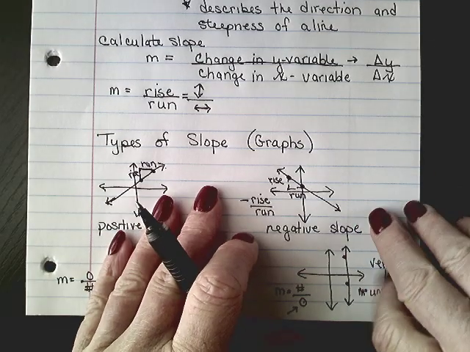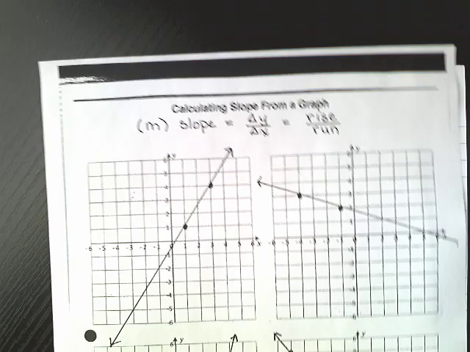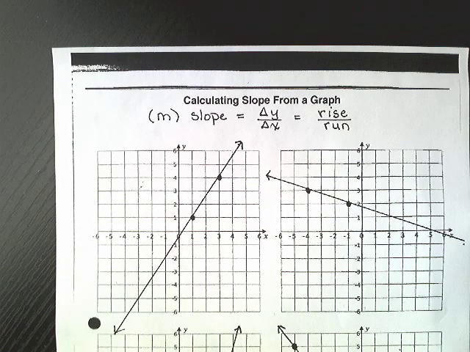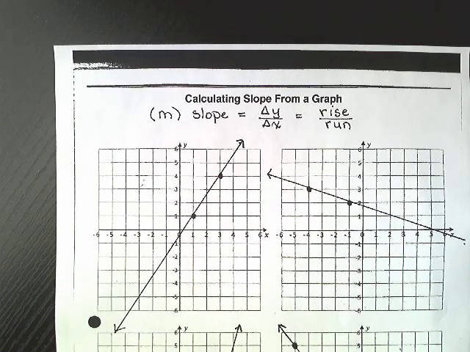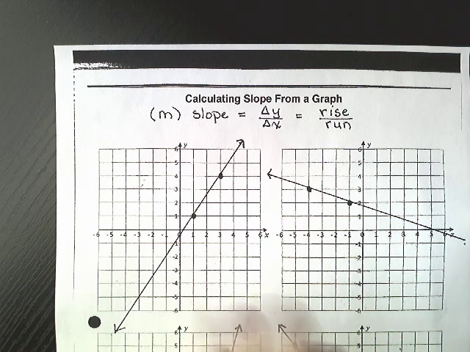Okay, so how do we actually find the slope from a graph? All right, so we have 4 examples here. Okay, so now you have this on your CAMI assignment, so you're going to be able to draw right on this as we're going through the notes.